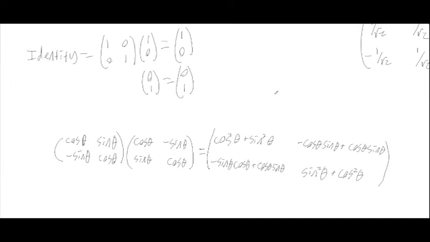And we can see pretty easily that this is going to be 0. This is going to be 0. And if you remember your trig identities, cosine squared plus sine squared, regardless what order it's in, equals 1 and equals 1. And so we end up with that identity matrix.